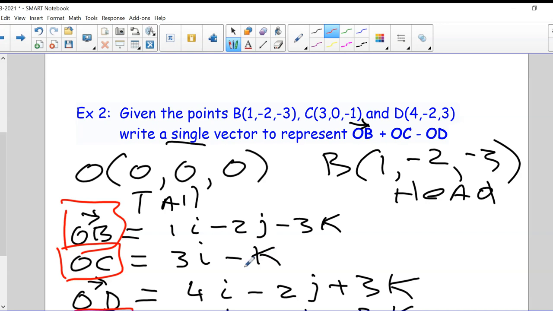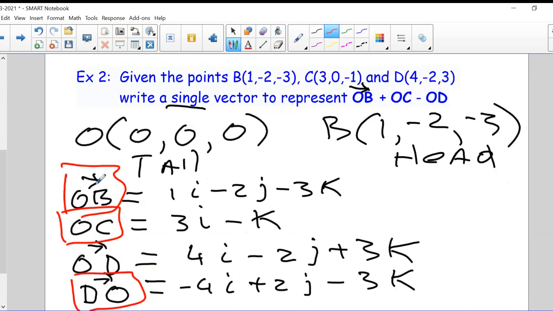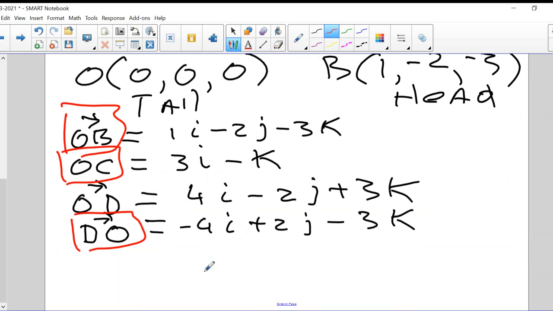Okay, so now I'm just going to add these three components together: the OB, the OC, and the DO vector, because I took the OD vector and turned it in the opposite direction. Let's leave this out of it for now, because I took another vector to represent that. I'm adding down.